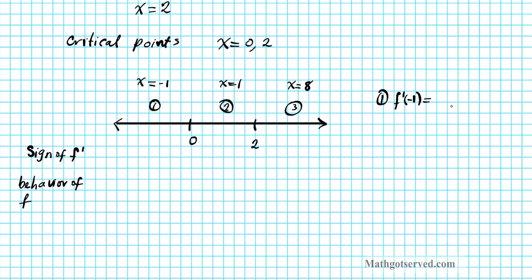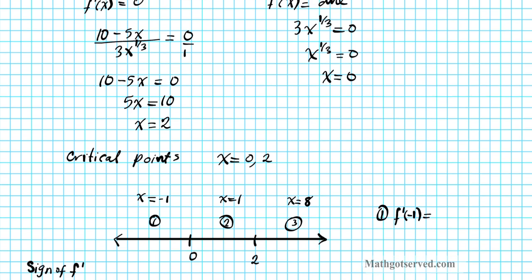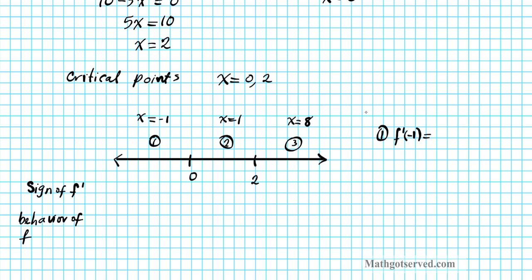So to do that, we're going to plug -1 into the derivative. Remember what the derivative function is. Let's rewrite it. The derivative function f prime of x is (10 minus 5x) over 3x to the 1/3. So we have 10 minus 5 times -1 over 3 times (-1) to the 1/3.